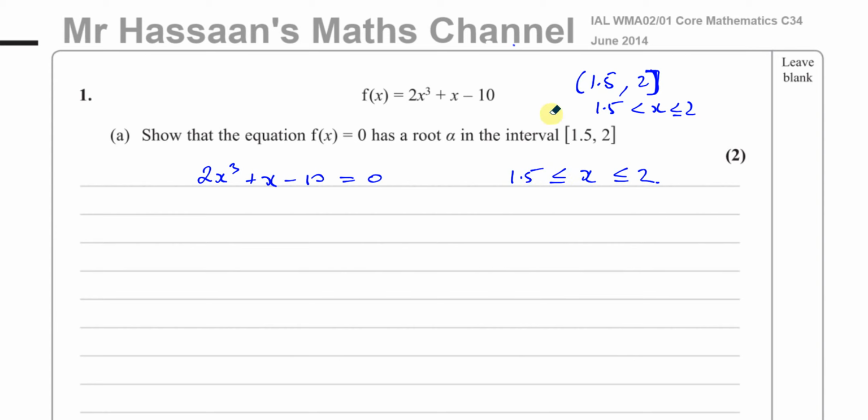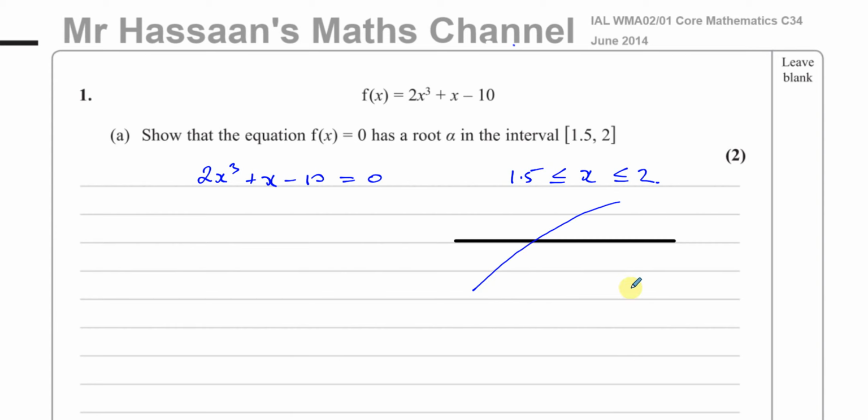So we've got to show that this equation has a root in the interval between 1.5 and 2, meaning there's a value of x somewhere between 1.5 and 2 which makes this true. Now just imagine this is the x-axis. A root is a place where a curve or a function crosses the x-axis. Just imagine this function goes like this.